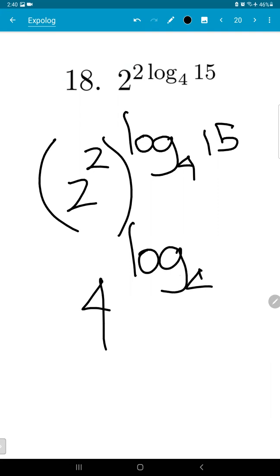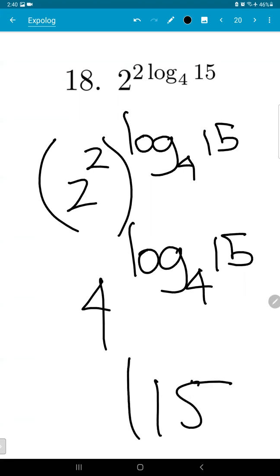And thus, we now have the same base for both the exponential and the logarithmic. And they undo each other. So the answer is 15. Now, this is a good question which tests you on your understanding of logarithms and the properties as well.